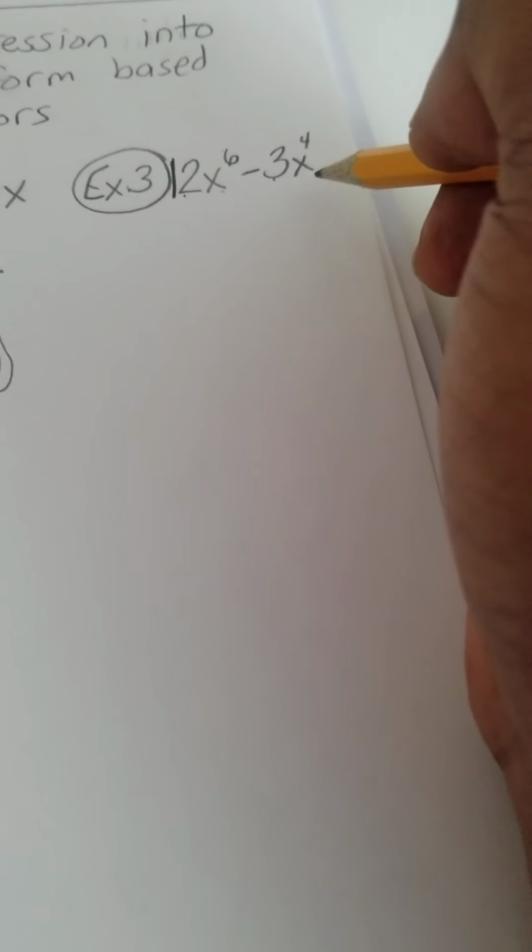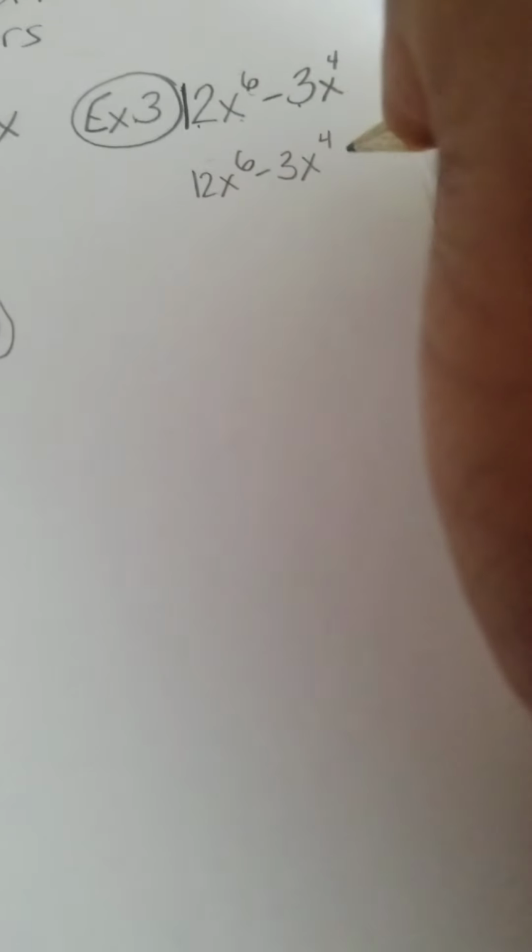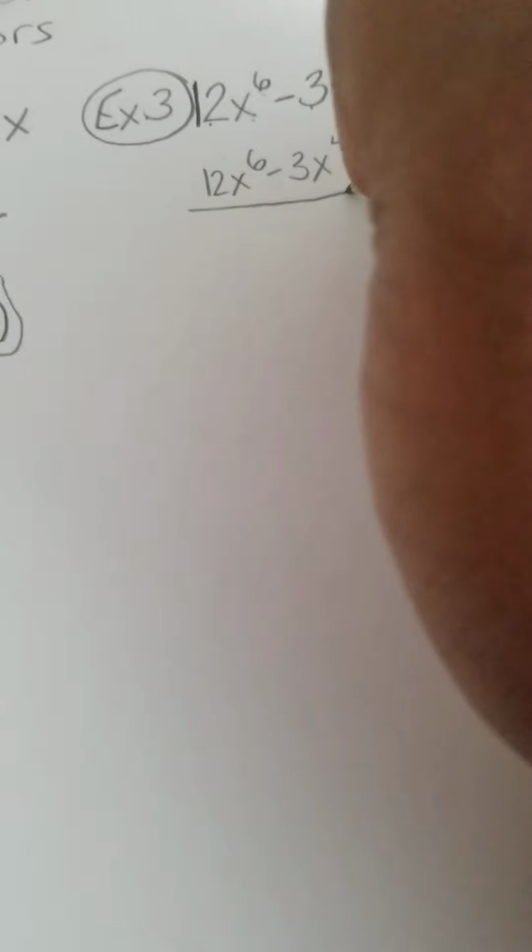Well, based on what I know about exponents, I can factor out the smaller exponent from that one. All right, so here's how it works. I'm going to take 12x to the 6th power minus 3x to the 4th power. I'm going to factor out, first of all, 3, which is the greatest common factor. It's the greatest value that can divide into those, 3.